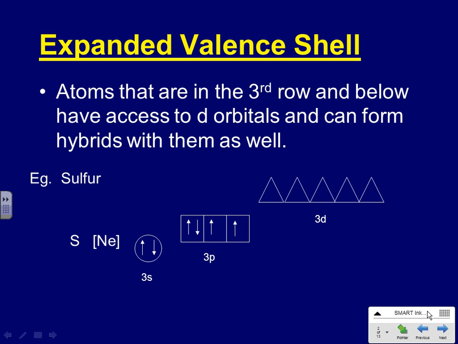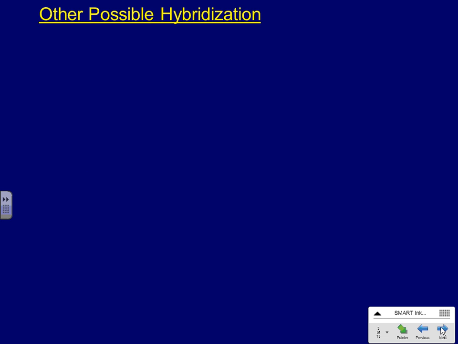So that's what we're doing at this point. We're going to expand our hybridization. Not only can something like sulfur be sp hybridized, which it can, sp2 and sp3, but it can also be sp3d hybridized, where it takes in one of those d orbitals and forms a 5th hybrid orbital. Okay? So that's what this is all about.